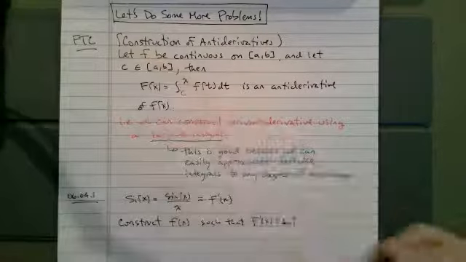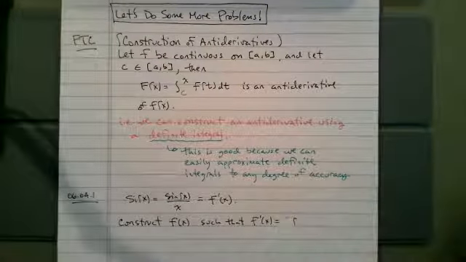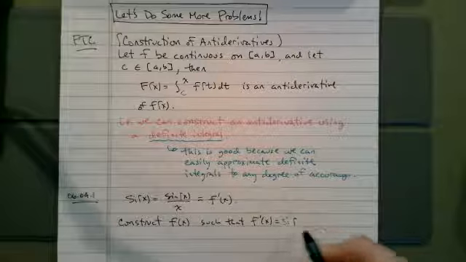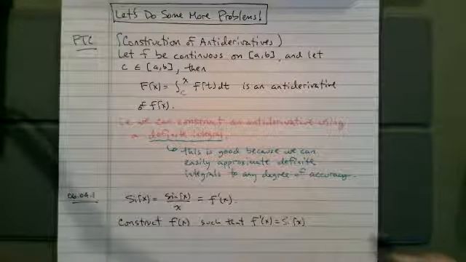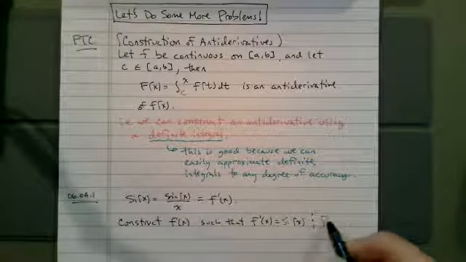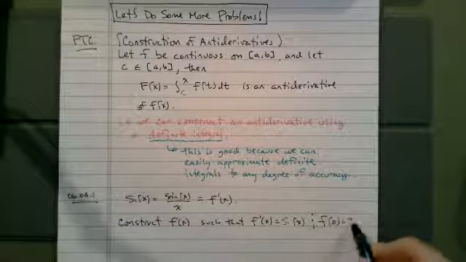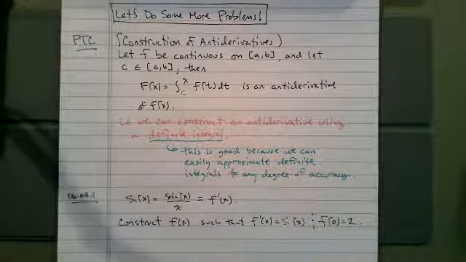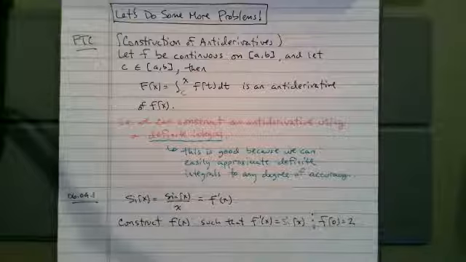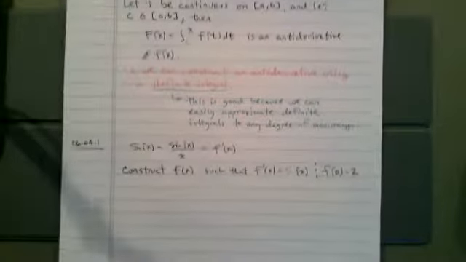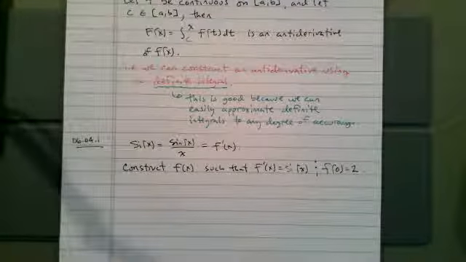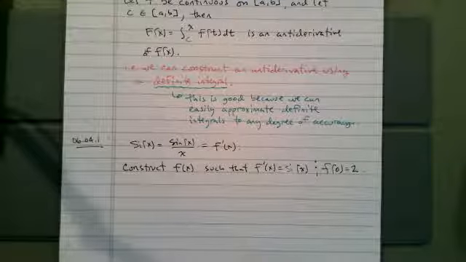Oops, I wrote sine. Sine is a well-known function that we can find an antiderivative of. All right. So what we know is that we can construct an antiderivative with the second fundamental theorem of calculus.